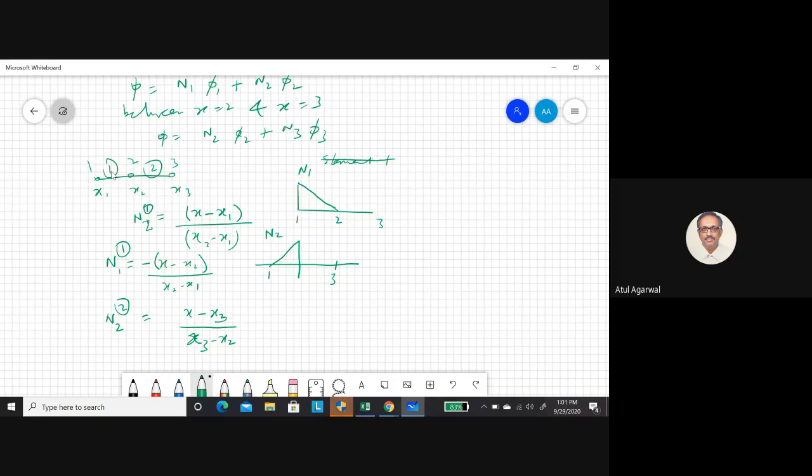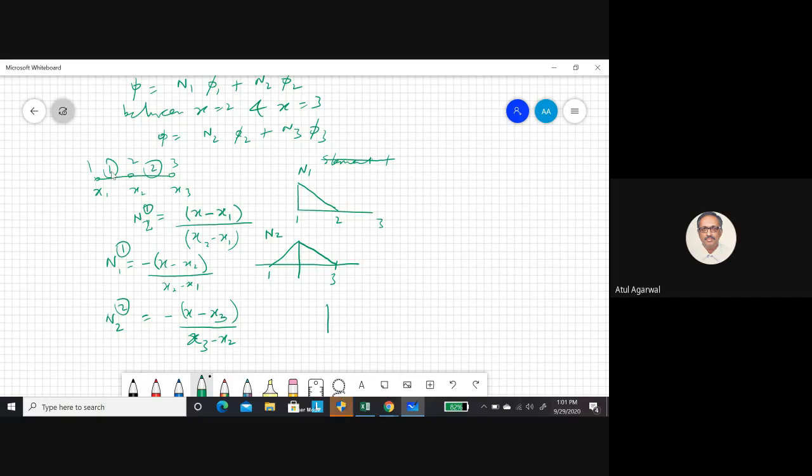You see, if you put x equal to x2, we should get a value of 1. And if we put x equal to x3, we should get a value of 0. So this is our interpolation function for node 2.